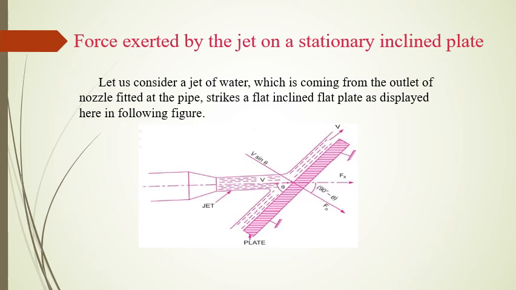Coming to case 1 and condition number 2, that is force exerted by the jet on a stationary inclined plate. Let us consider a jet of water which is coming from the outlet of the nozzle fitted to the pipe strikes a flat inclined plate.